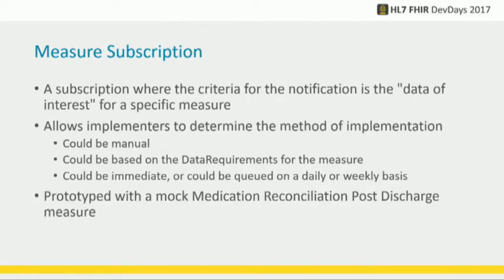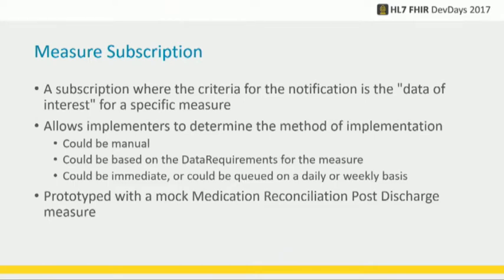And then measure subscription. Can we use the definitions of measures to actually listen for changes in that set? It's a subscription where the criteria for the notification is all the data requirements for that measure. By defining this in terms of a measure, by saying what I'm subscribing to is the measure, we're allowing the implementers of that system to decide how they want to return that.